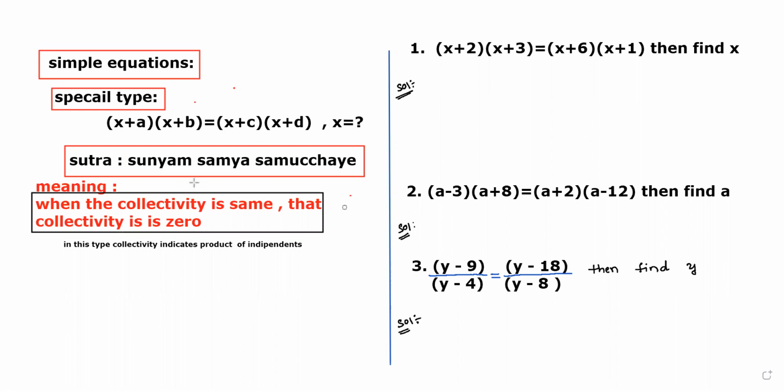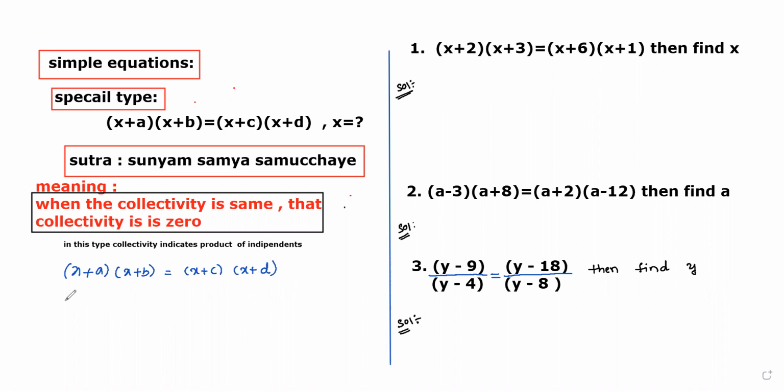So how can we use the Sunyam Samya Samuchaya Sutra? Before going to solve the problems, let us see the general type and what we can observe from that example. So here I take (x + a) into (x + b) equals (x + c) and (x + d).